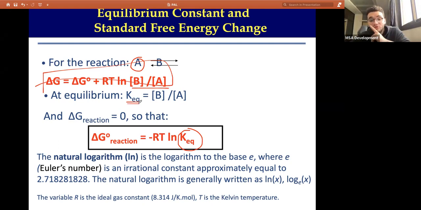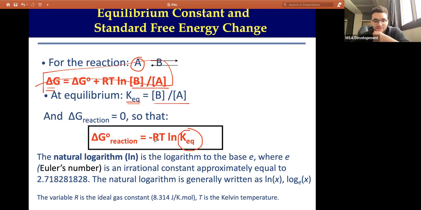But to consider that they're both at equilibrium, remember that I said delta G has to be 0. So I can only replace this by the equilibrium constant if delta G is 0. If delta G is not 0, you cannot replace it, because it's not at equilibrium. So if it's at equilibrium, you can replace delta G by 0, and then you take this to the other side and it's going to become negative, and you replace that by the equilibrium constant.